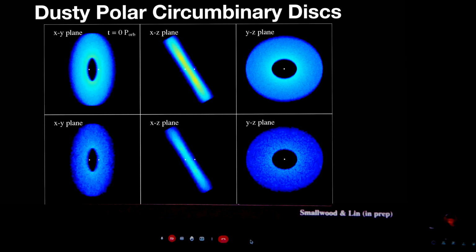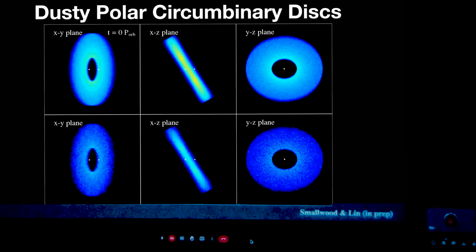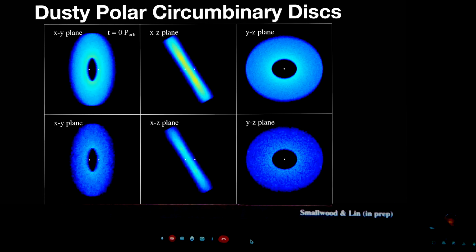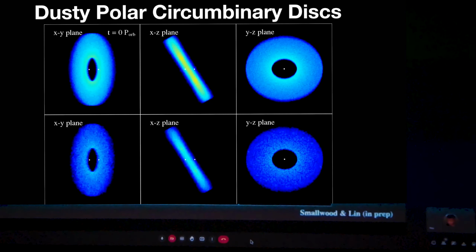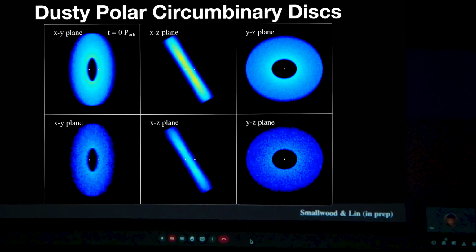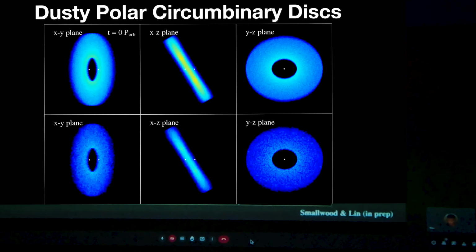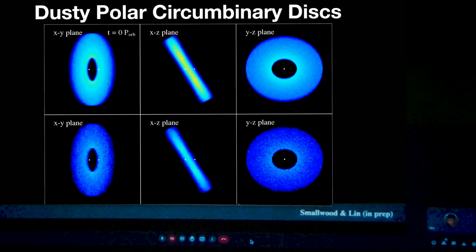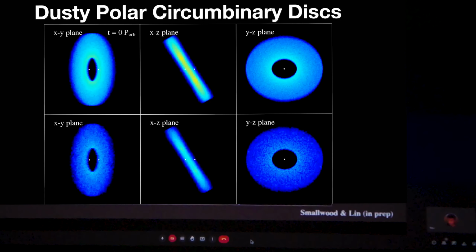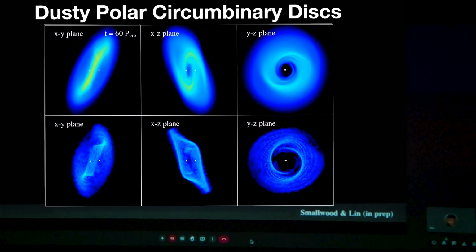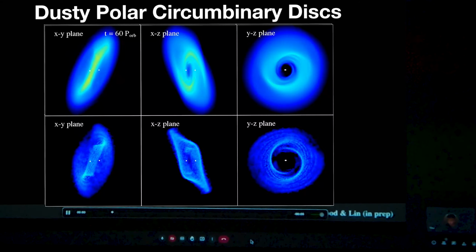You can see both of them undergo polar alignment, so they go to 90 degrees, and in the dust disk we get these two rings that occur in the system. We're looking at whether the streaming instability can operate in these polar disks with the dust. So that's the stuff we're working on currently.